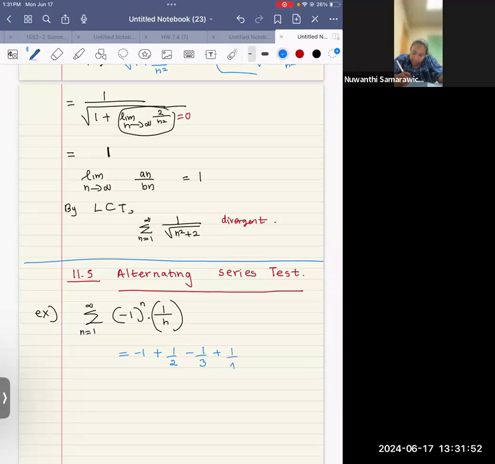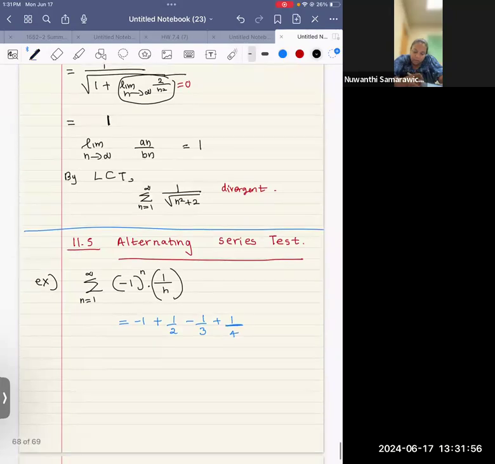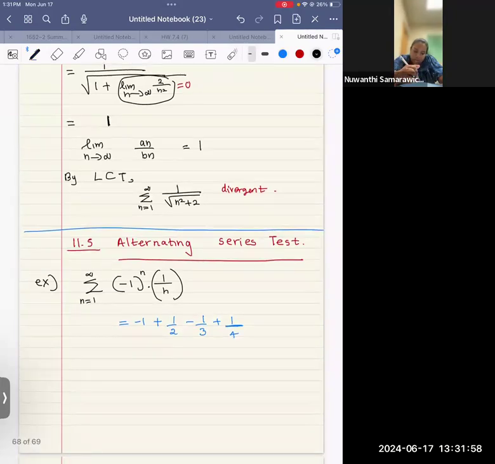1/4? Now you can notice, if you just forget about this sign, we have a negative here. If you don't have this sign, that means you have 1 plus 1/2 plus 1/3 plus 1/4.